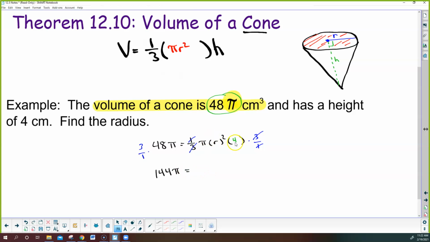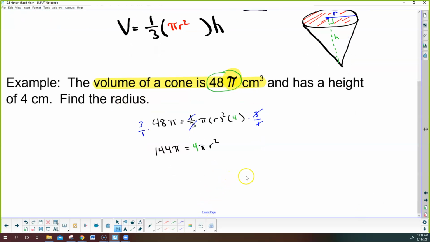And that leaves me with 4 times pi times r squared. All right, and then what I like to do is get rid of the 4 and pi at the same time. So I'm going to divide both sides by 4 and pi.